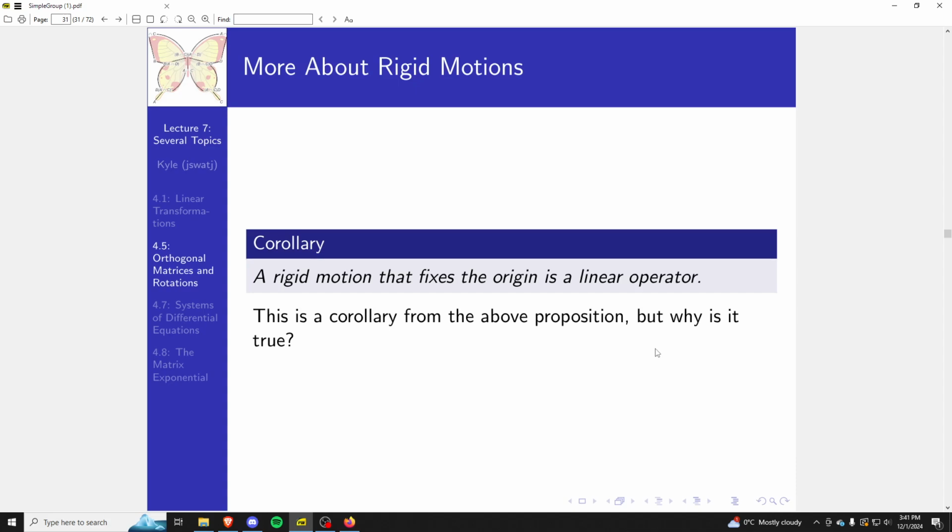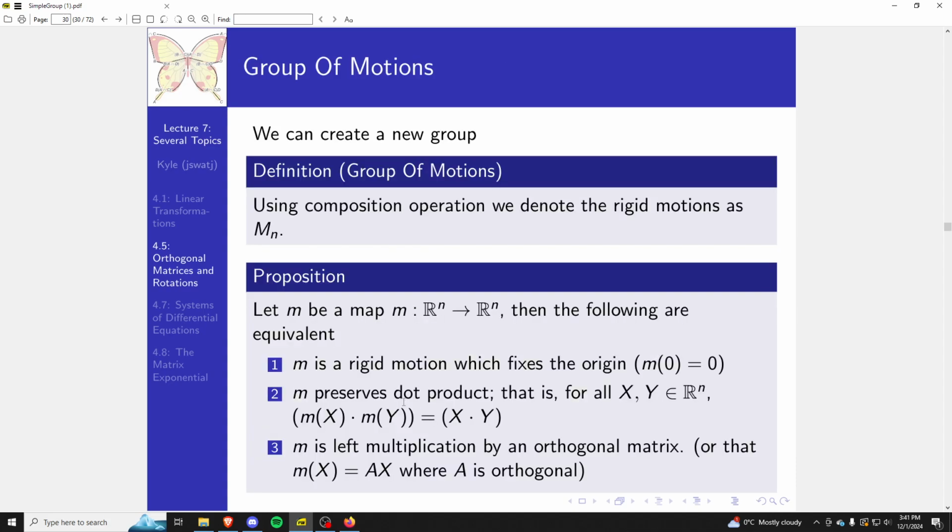It doesn't have much to do with rotations. It's relatively straightforward. I don't want to say straightforward, but it's nothing complicated, right? If M is a rigid motion that fixes the origin, we know that it's left multiplication by an orthogonal matrix, right?